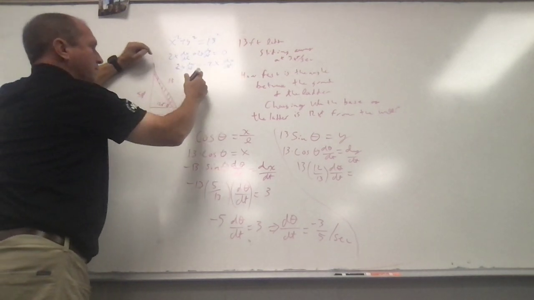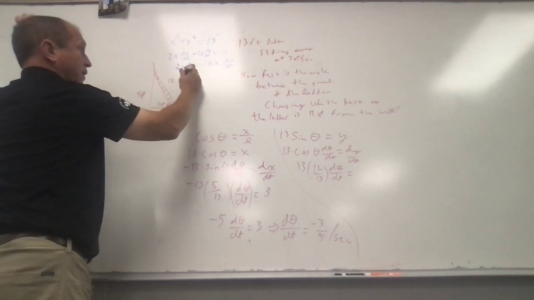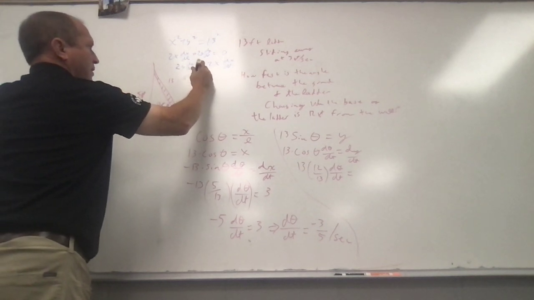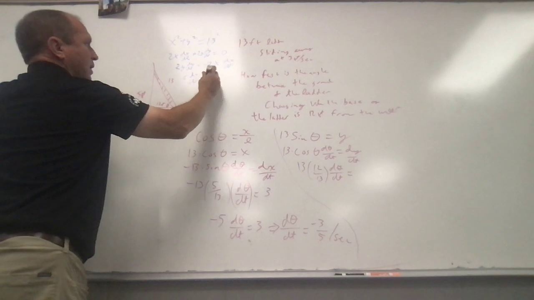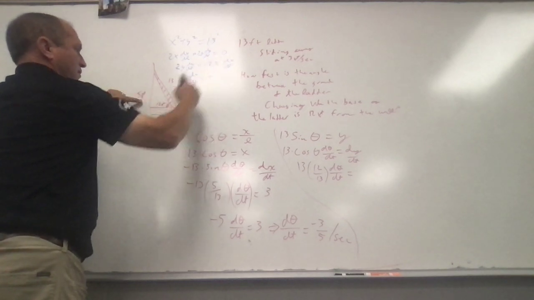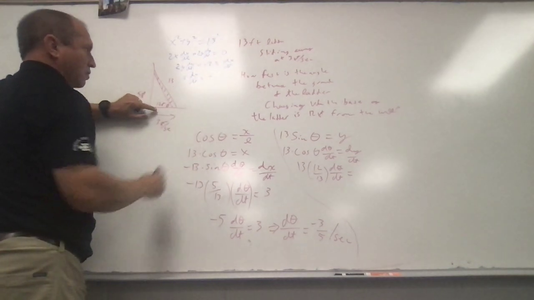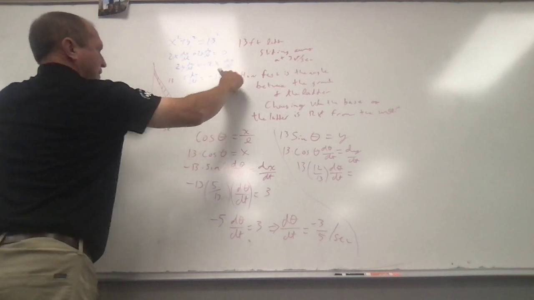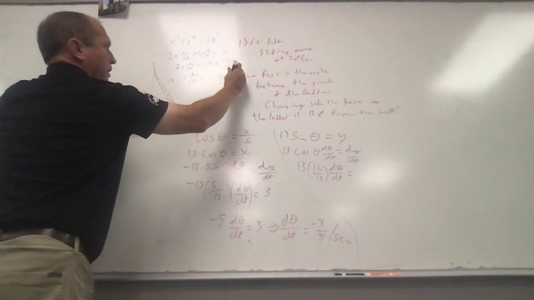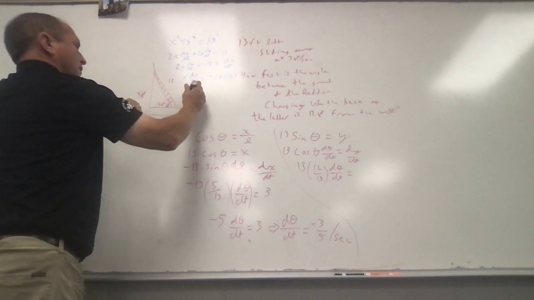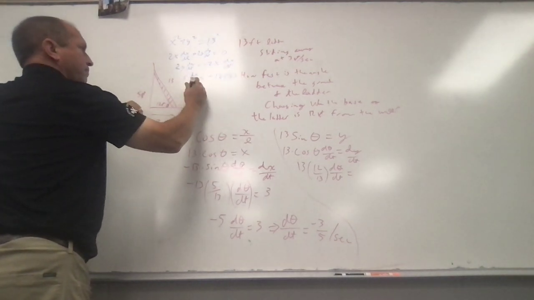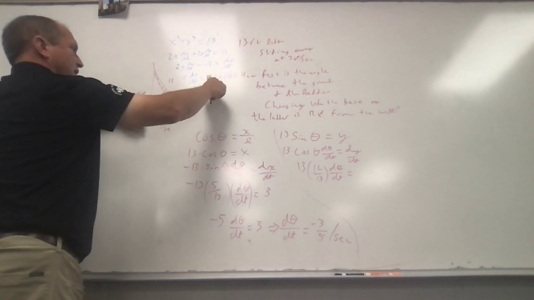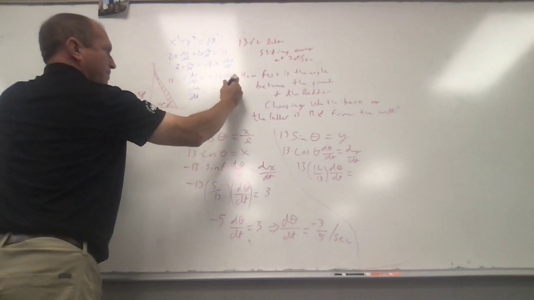Divide out by 2. So we get y, which is 5, times dy dt, which is again what we're solving for, equals negative x, being 12 here, so negative 12 times dx dt, and dx dt is positive 3. So we get dy dt equals negative 36 over 5.